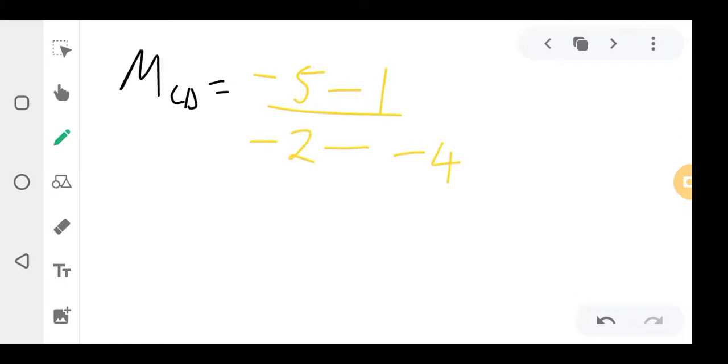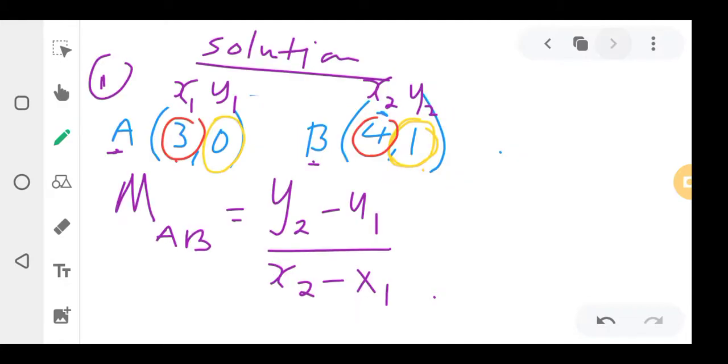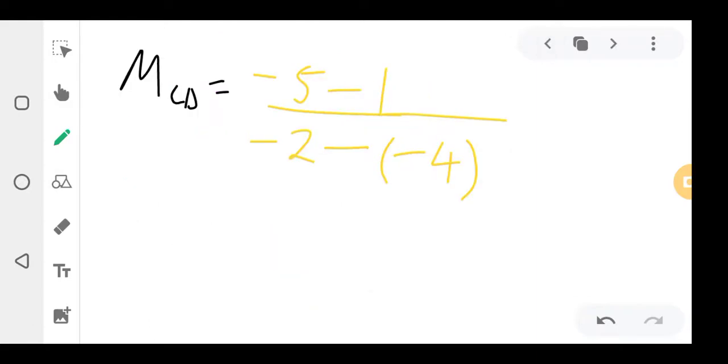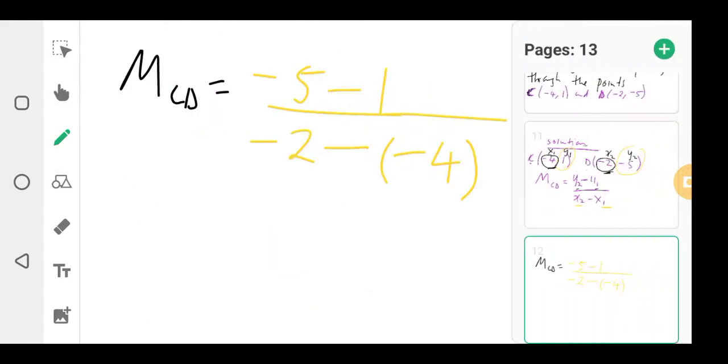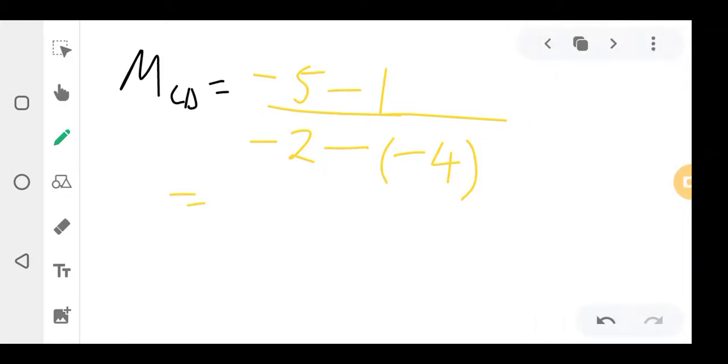You see there are two negatives, and then with the brackets that you split. Okay? And then that would be negative 4, negative 5 minus 1 is negative 6 over negative 2. And then here, these two negatives will make a positive 4, which will be equal to negative 6 over 2, negative 2 plus 4, it's 2.